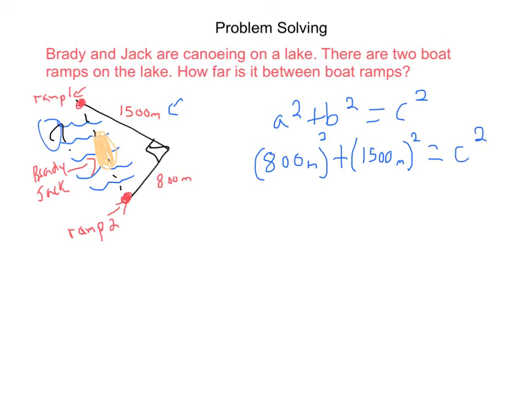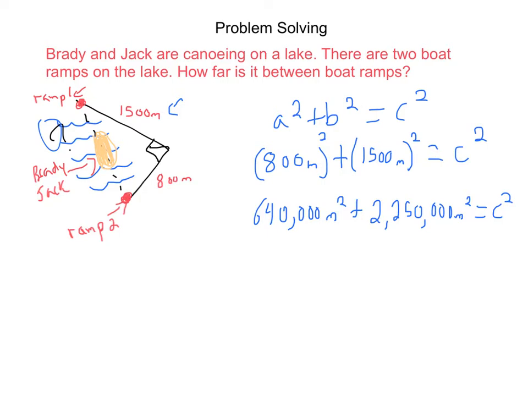Now we need to do the work, so we make sure we're doing 800 times 800, because that's what square means. 800 times 800 gives us 640,000 meters squared, plus 1,500 times itself, which gives us 2,250,000 meters squared, equals C squared.